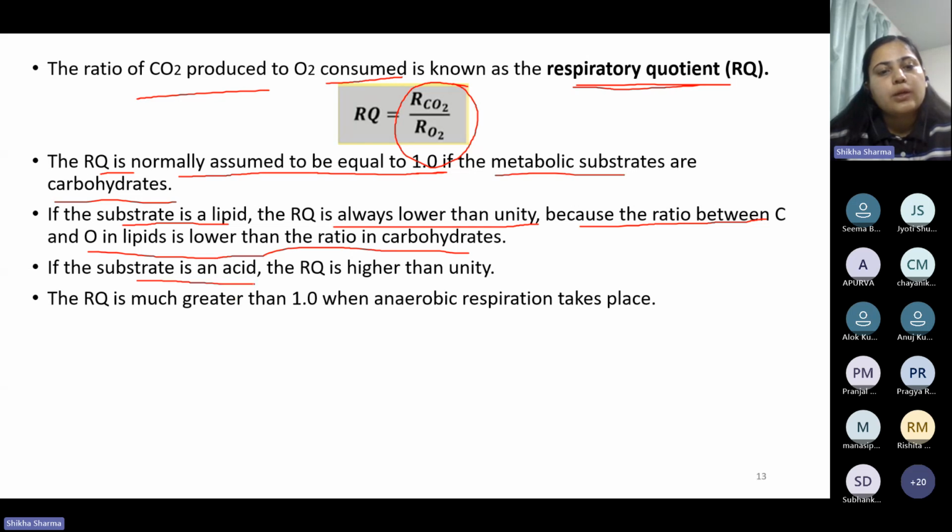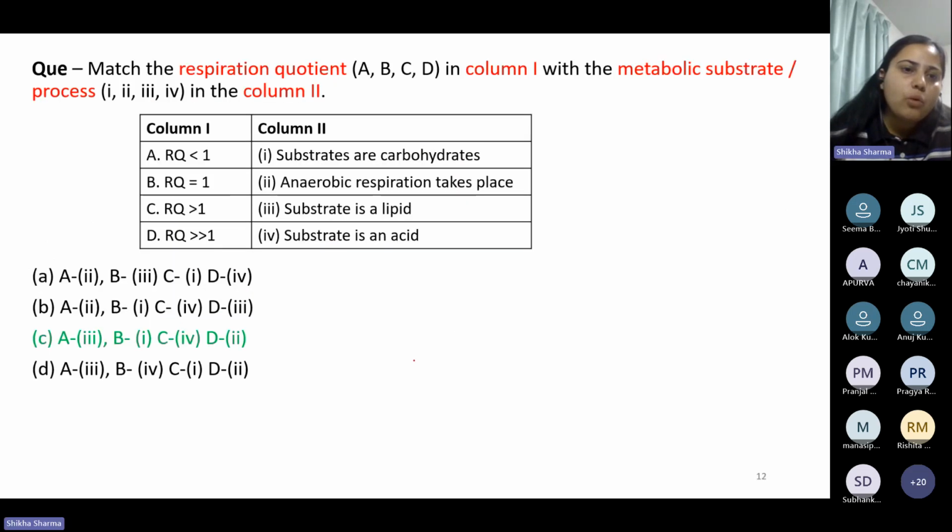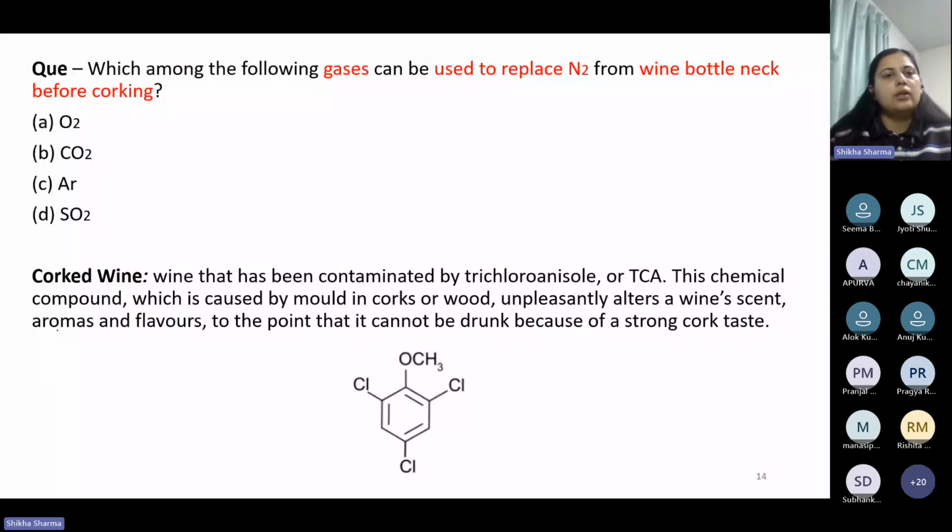And if the substrate is an acid, then RQ value is greater than unity. RQ is much greater than 1 when anaerobic respiration takes place. So that means the fermentation process is going on. So option D is correct. So is everyone sure about this? So we are moving to the next question.